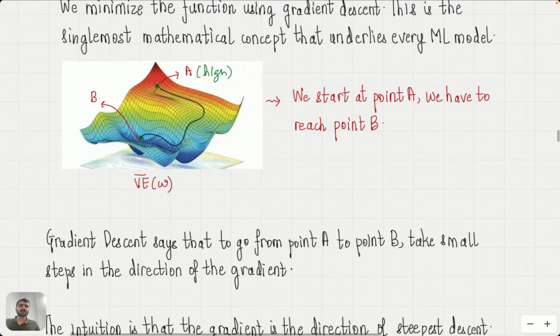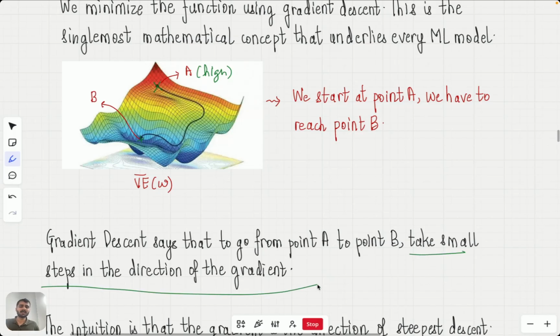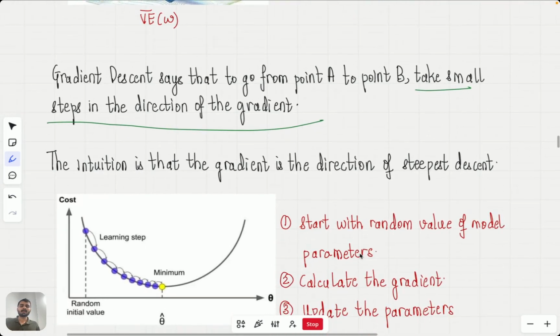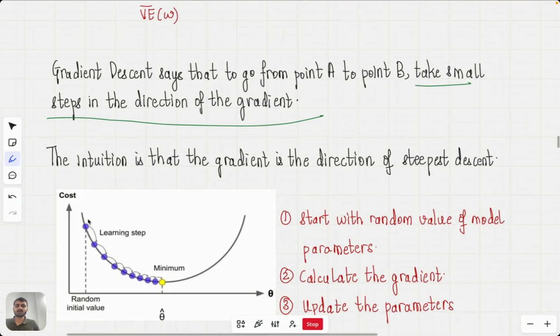Gradient descent says that to go from point A to point B, take small steps in the direction of the gradient. And this is the intuition. Let's say you take a small step, you take another small step, and slowly you will reach the minimum.